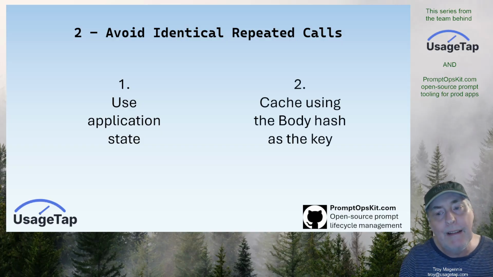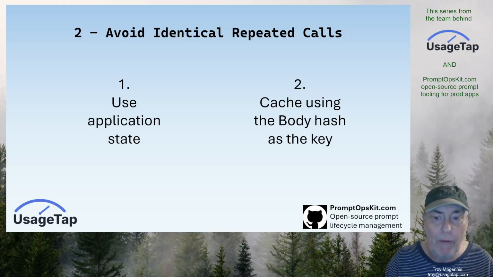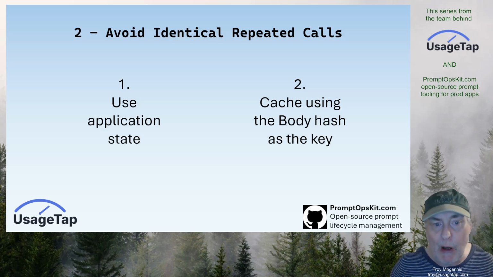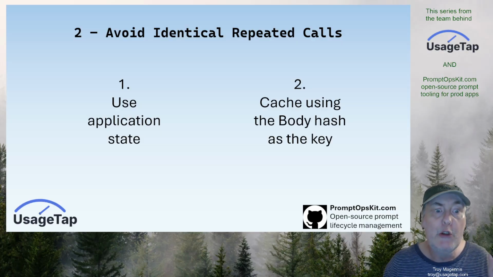The second one is that when we do get a result, we can cache the body that we sent to the LLM and the response we got from that body, keyed by the hash of that body. Sure, LLM models are non-deterministic, so we would get a different result the second time, but for the purposes of our application, the first result is useful.